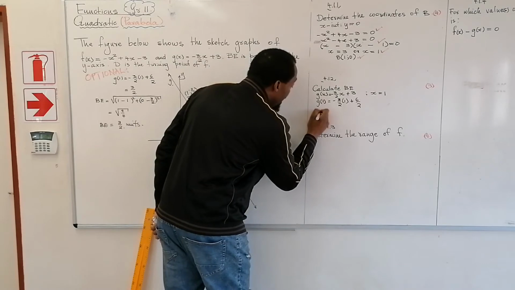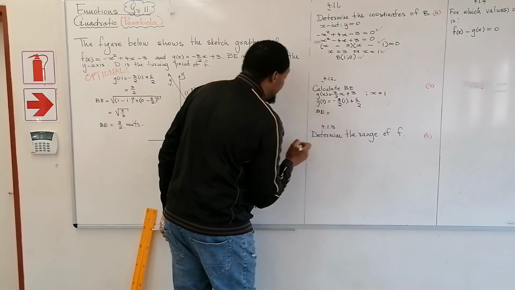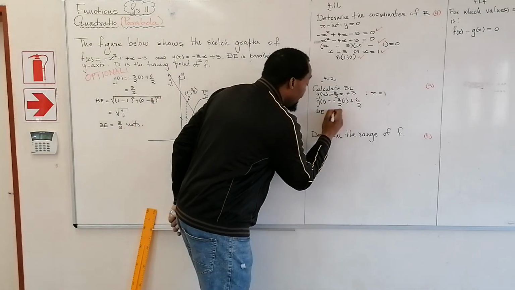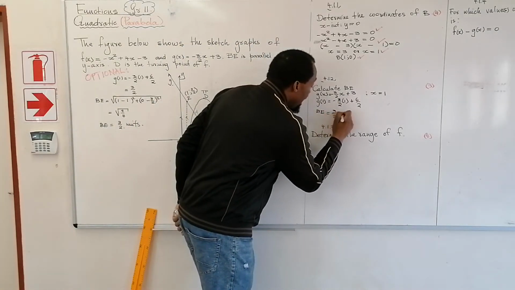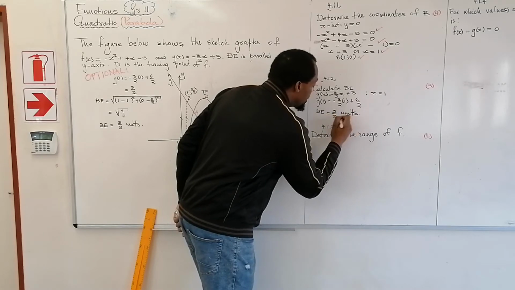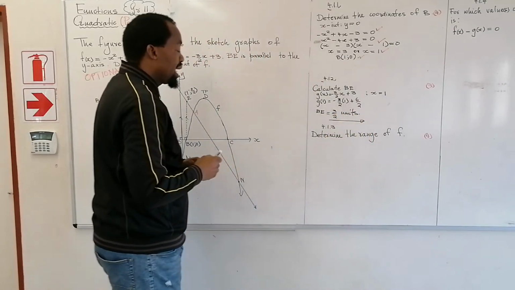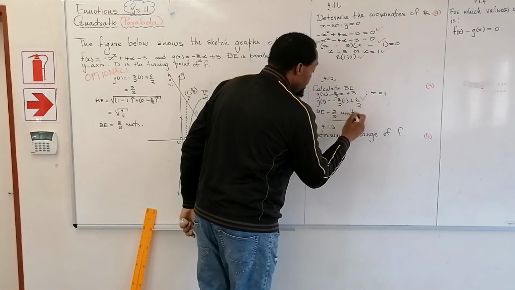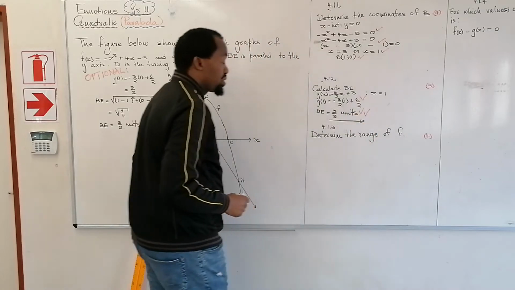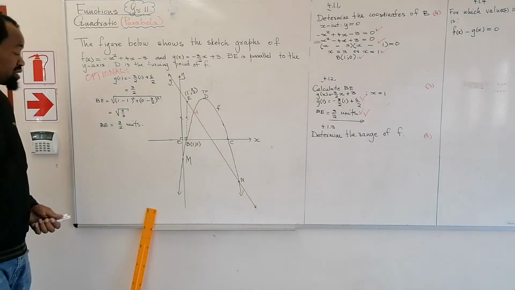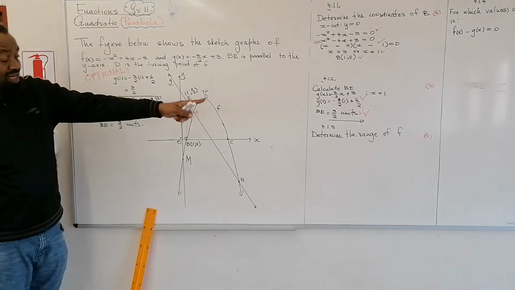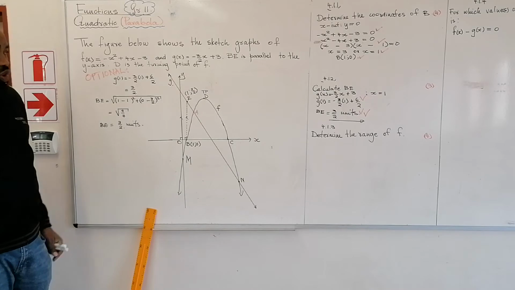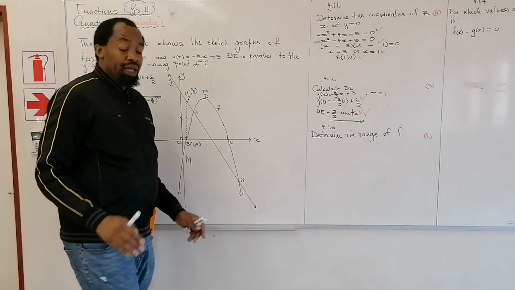Now, I will tell you that BE is equal to minus 3 halves plus 6 halves, which is 3 halves units, because I'm measuring length. That was 3 marks. We have got our 3 marks. Folks, you see that answer is exactly the same as this one. Just knowing and practicing your work is powerful. Next one.